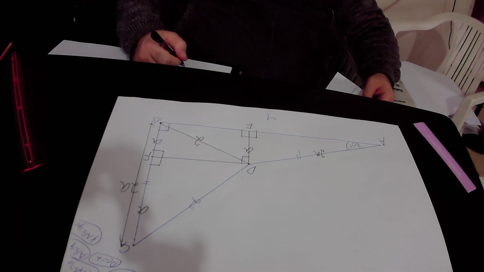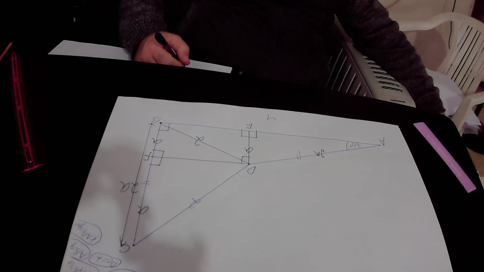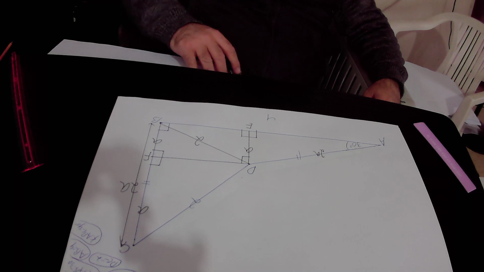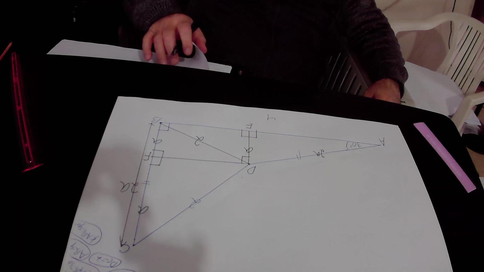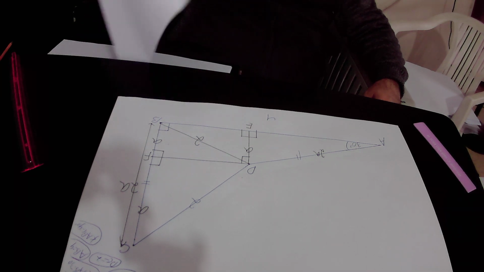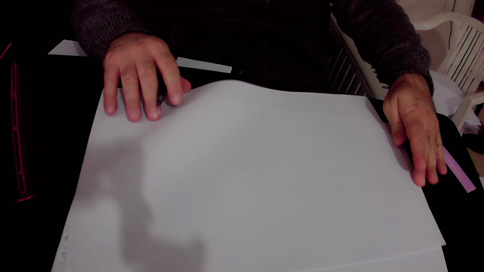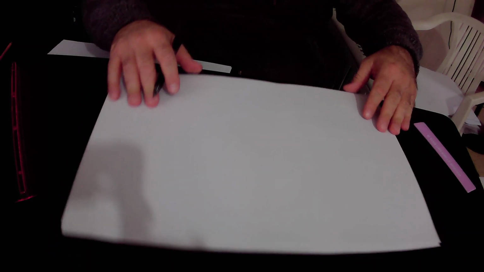In the next step, I will present to you a new rule, the law of cosines. So what is the law of cosines? First of all, it is true in any triangle.